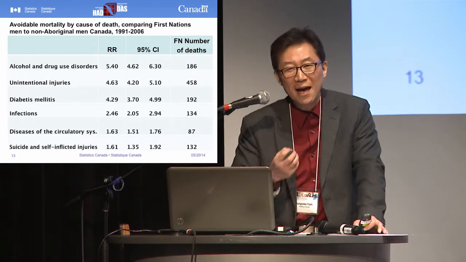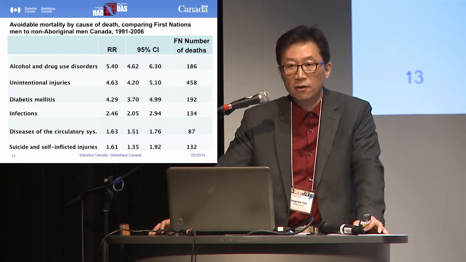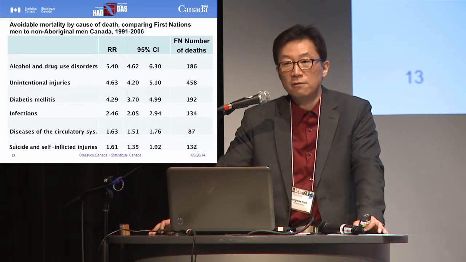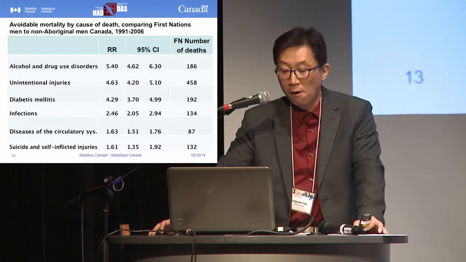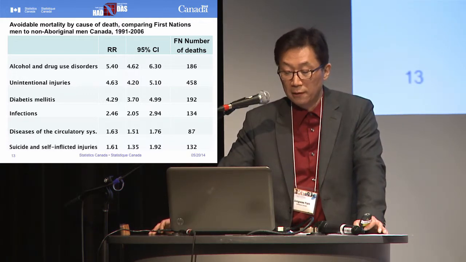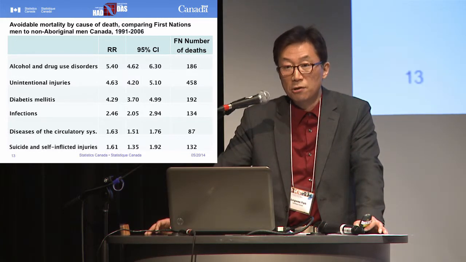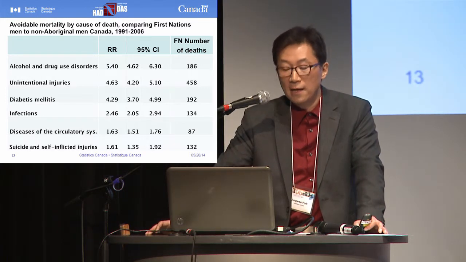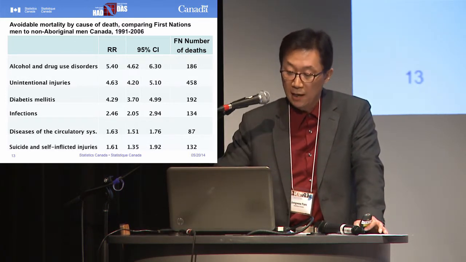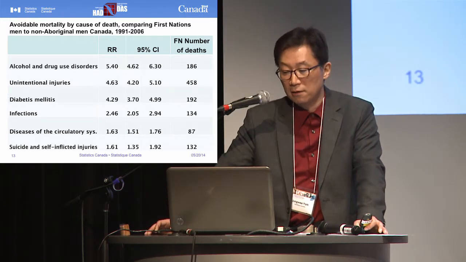But what specific causes really drive the difference between the two population groups in terms of health inequality, mortality inequality? So this graph shows RR, that's rate ratios, based upon the age-standardized mortality rate, ASMR, and we provide the confidence interval at 95%.